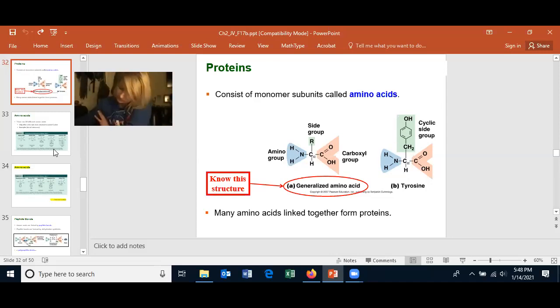So some of the R groups are polar, some are nonpolar, meaning that proteins are both polar and nonpolar, since at least some of the R groups on some of the amino acids are nonpolar. Any question about that?